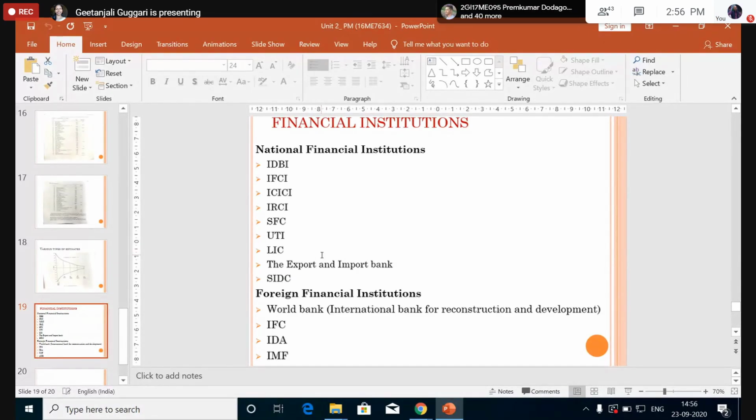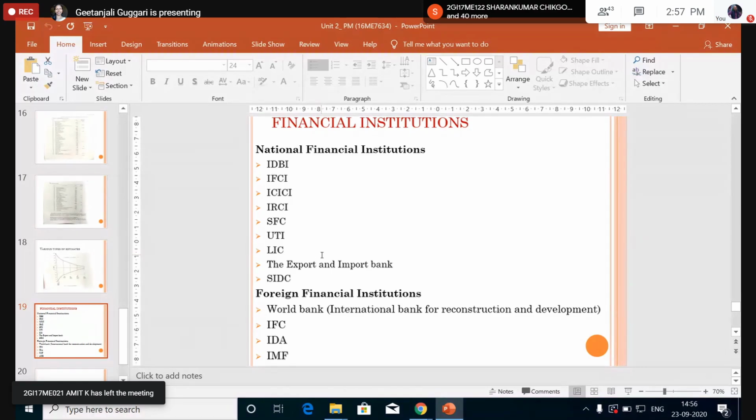When we are looking at the foreign financial institutions, the World Bank is giving the financial assistance. Then the International Finance Corporation, that is IFC, you are able to get the assistance. Then the International Development Association, that is IDA. Then the United Nations Development Program, that is UNDP.